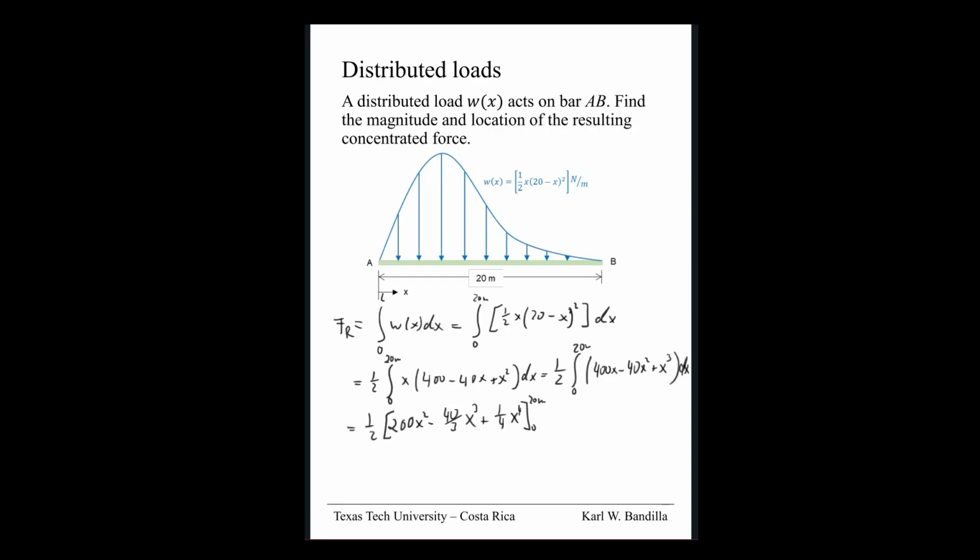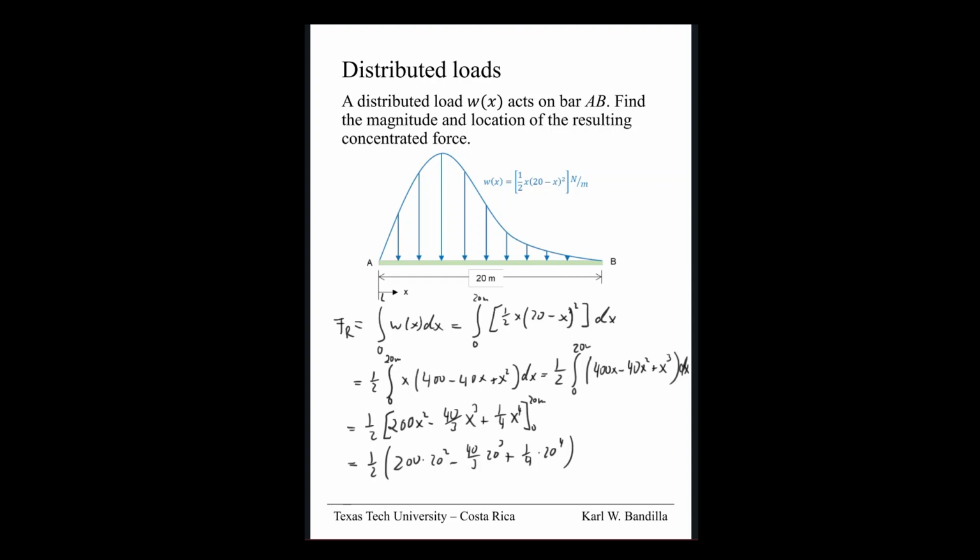If we plug that in, we get 1/2 times 200 times 20 squared, minus 40 over 3 times 20 to the third power plus 1 over 4 times 20 to the fourth power.